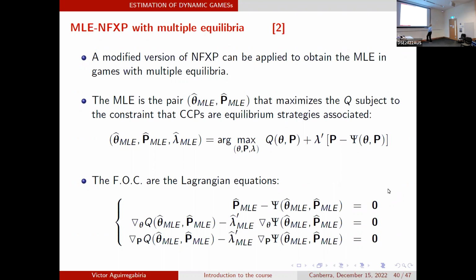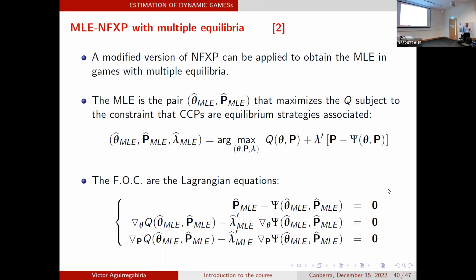Then we know that this condition always holds in the single agent model, and we can completely ignore it. That's one of the things that the NPL estimator is doing, in the case of single agent.